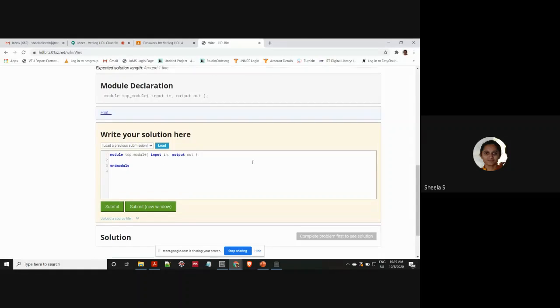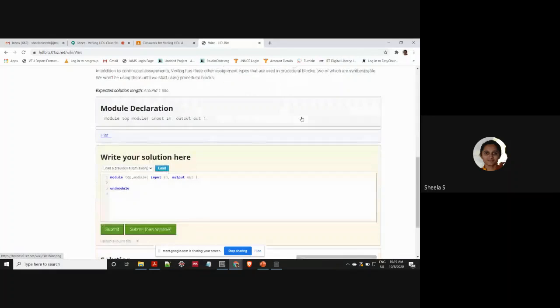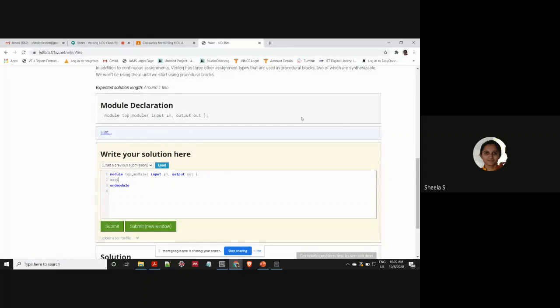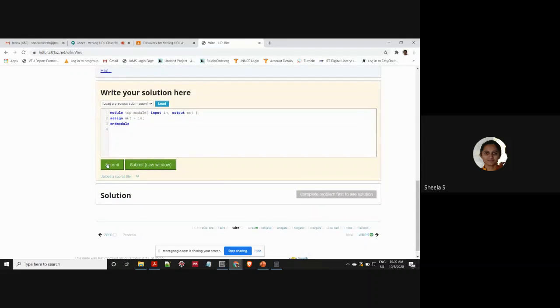So we just want to assign the input to the output, using the keyword assign: out equals in.